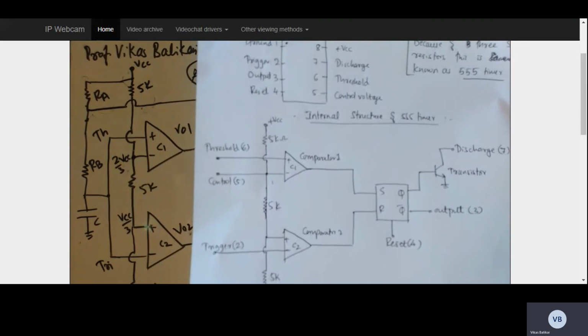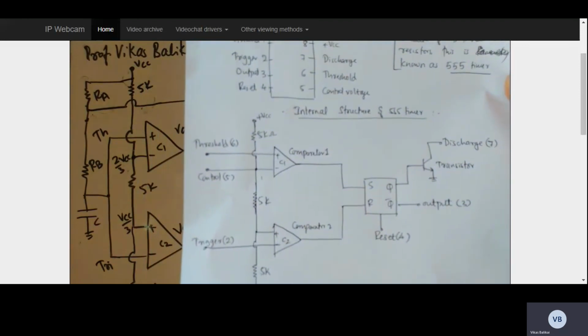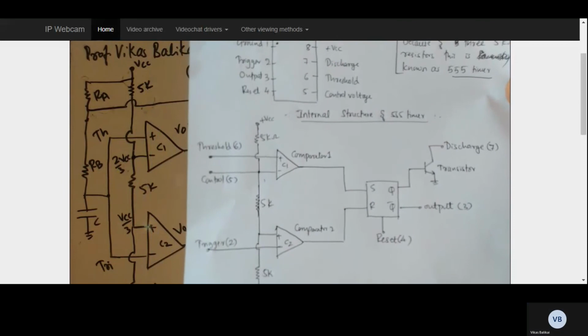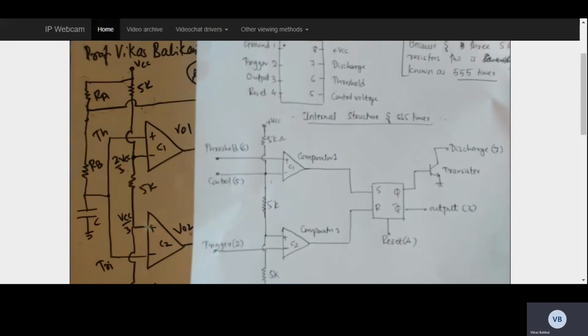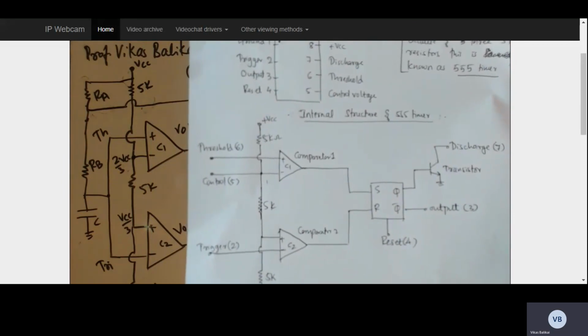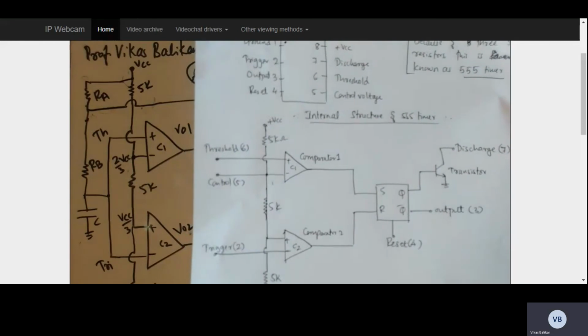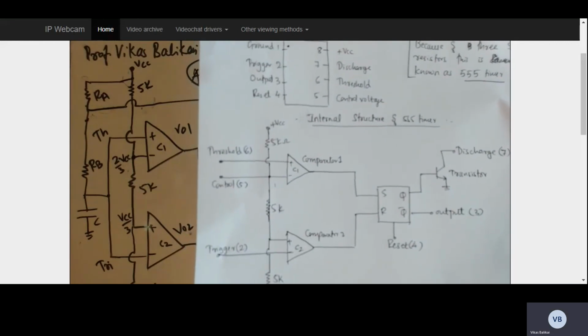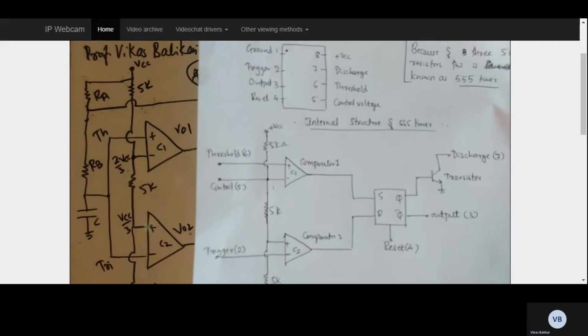As you can see how the pins are differently connected between comparator 1 and comparator 2, just try to remember those pins, because using this structure itself we are going to add some resistors and capacitors and build the 555 timer in monostable and astable operation.